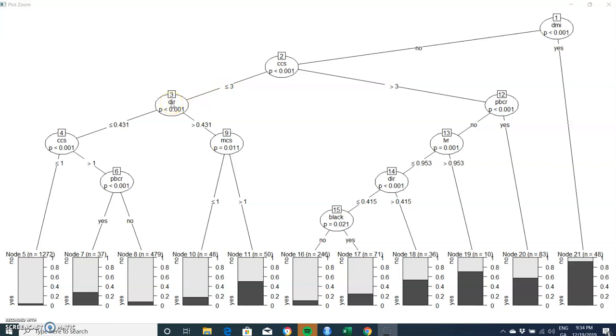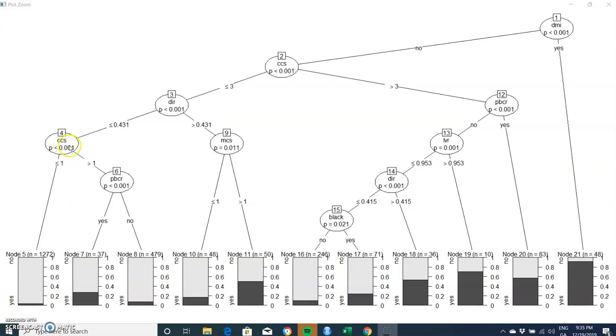And if the DIR, being the ratio of monthly debt payment to total monthly income, was less than 0.431, and again, if the consumer credit score was less than or equal to 1, then the vast bulk of these individuals who fell into that bucket, their mortgage application was accepted. So only a small number, yes, their mortgage was denied.